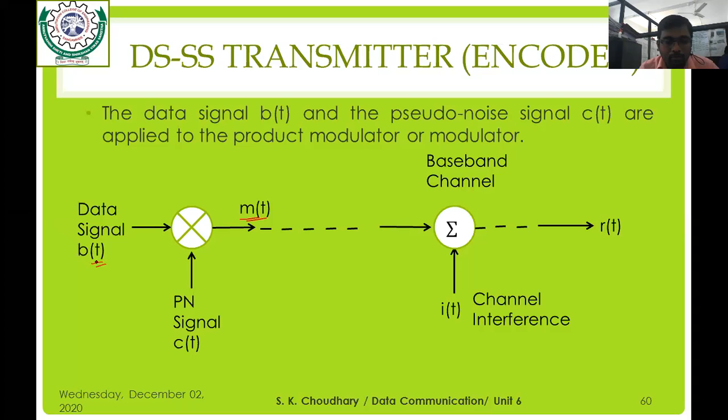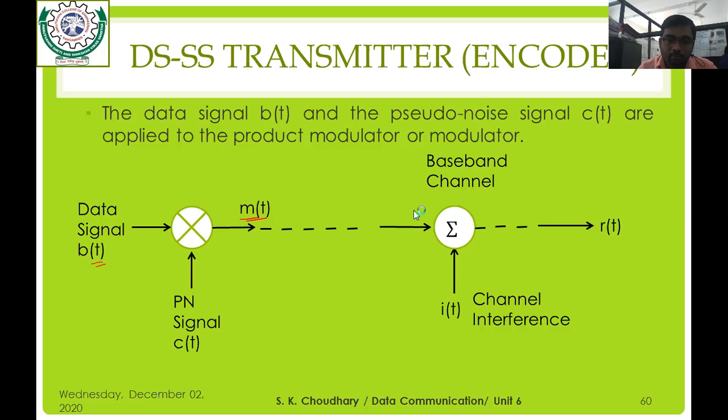b(t) is having a very small bandwidth, but when it is multiplied with the PN signal, the product is having a very high bandwidth, and this signal would be further applied through the channel, and that would be applied to this adder.